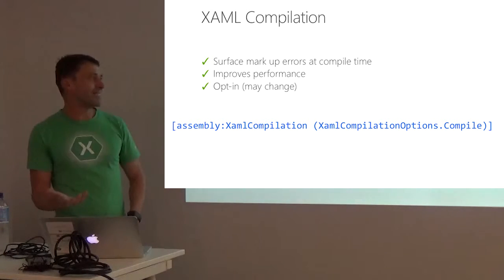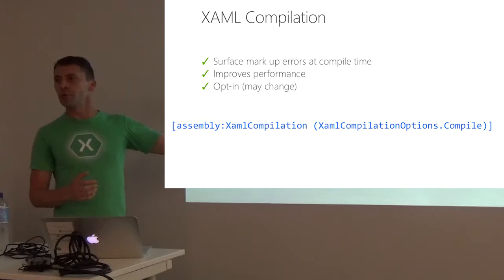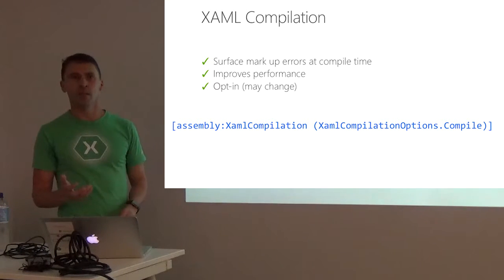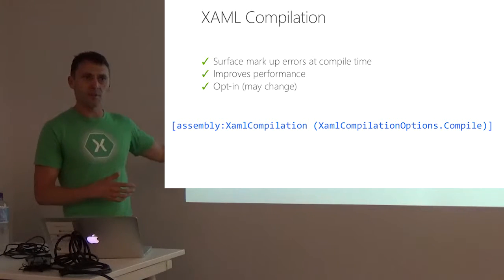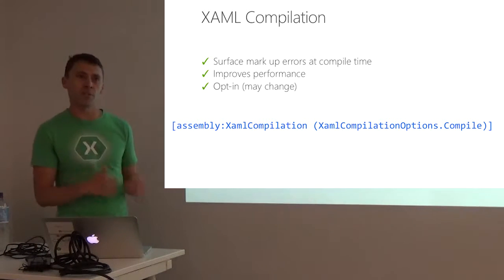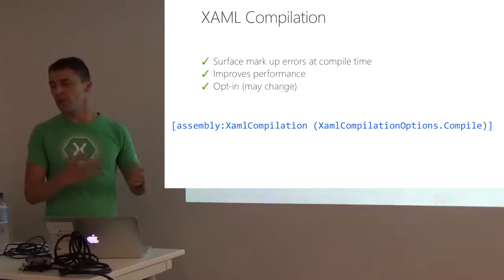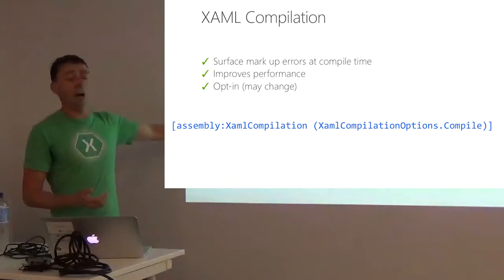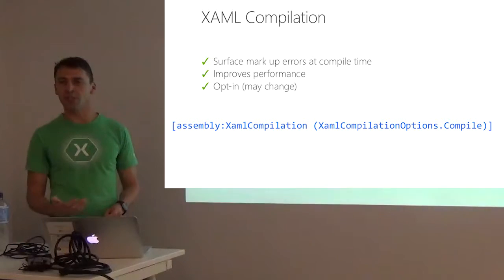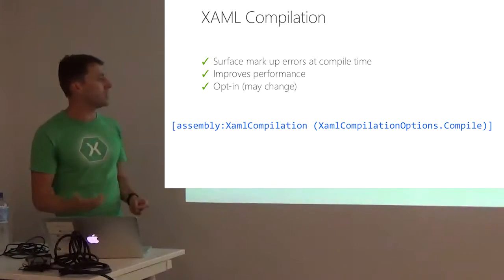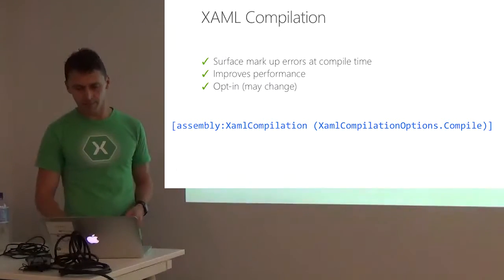So by default, your XAML isn't getting compiled, but you can add this assembly attribute to turn it on. That will probably change in future to be the default, because it makes sense that you want to see those errors at build time, and there might be some functionality in future that you want to turn it off for. But for now, add this in and test your apps to make sure that they're working well with XAML-C. We'd love to get feedback if something isn't working, and in the future it'll be the default for build and running.